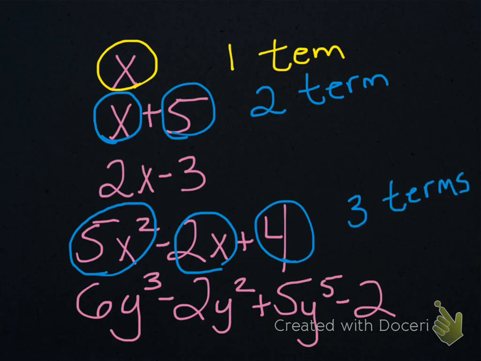Now, my math minds out there are asking themselves, I'm sure, Mrs. Caruso, what if there had been an x there? Even though there are technically two terms, can't I combine them and make them into one? Oh, yes, you can, my math-minded friend. And if you can, you must.